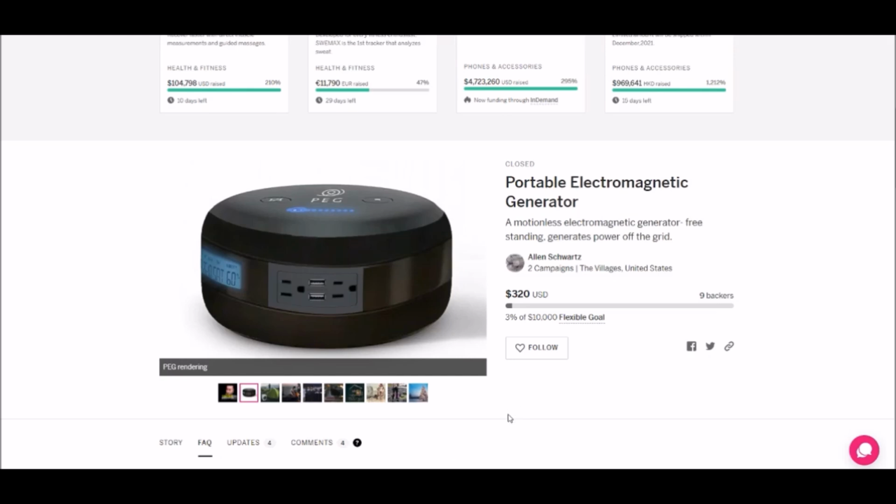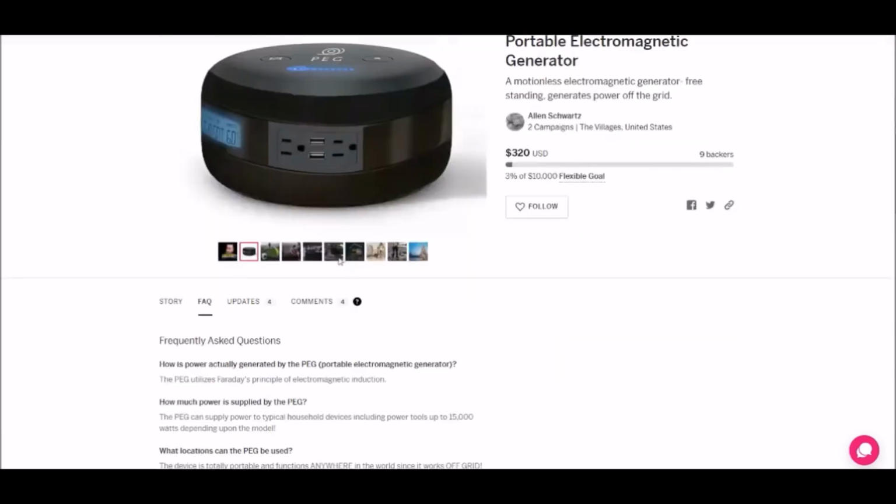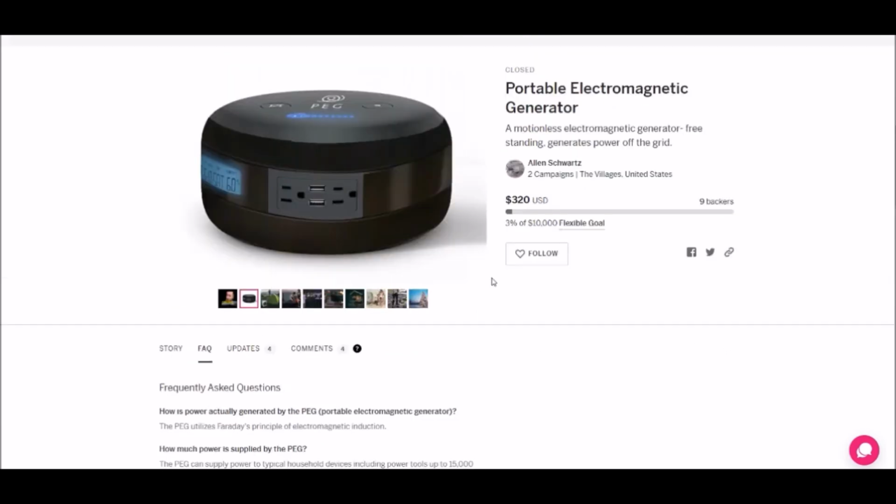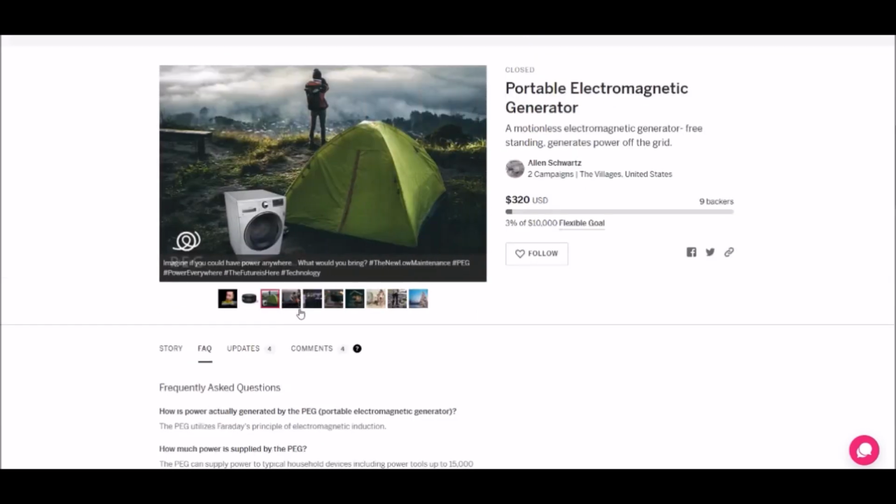And also because you cannot simply pull 15 kilowatts out of this plug. It's physically impossible. Even if this was the real device, it is simply impossible to pull 15 kilowatts out of it in any other way. And it's obviously a fake image. This device has never been built.